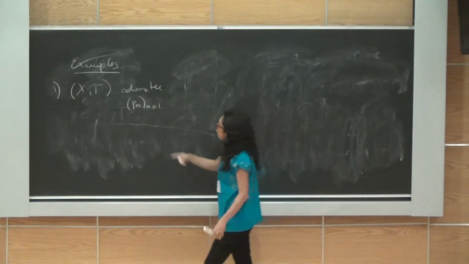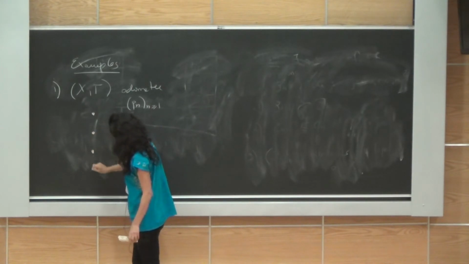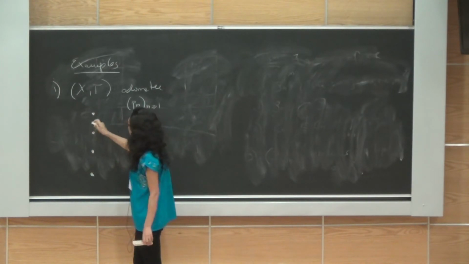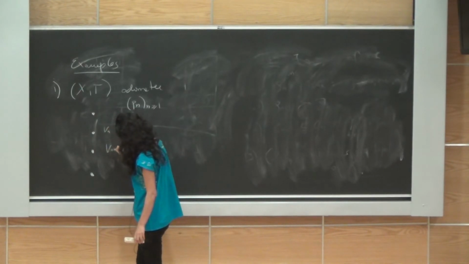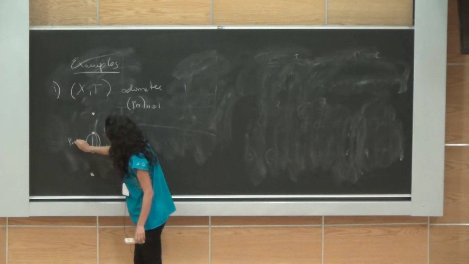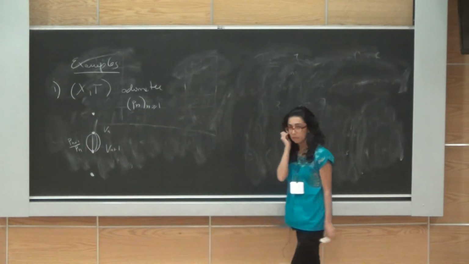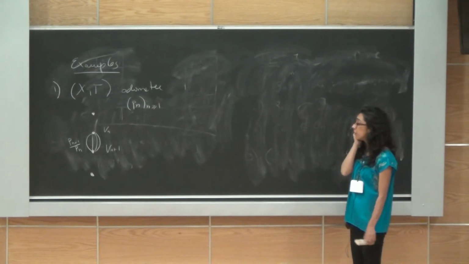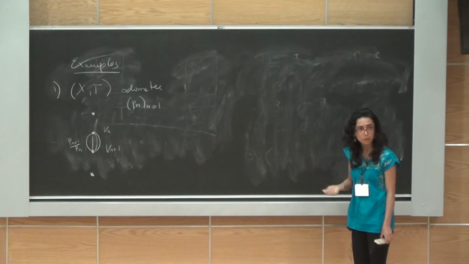So the Bratteli diagram that you will get here is something like this. Only one vertex, and the number of edges from Vn to Vn plus 1 will be just Pn plus 1 divided by Pn. This is a Bratteli diagram for an odometer. This is not difficult to construct.